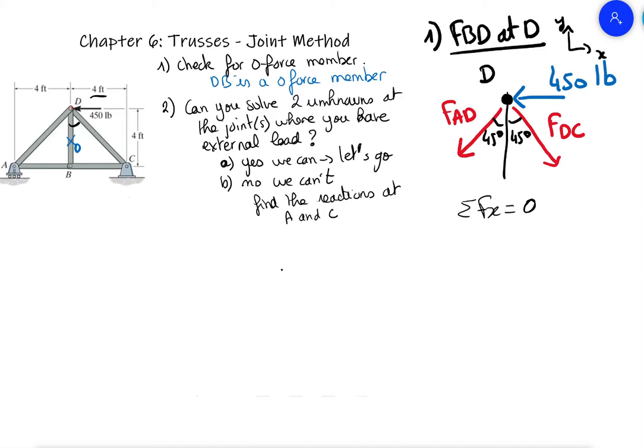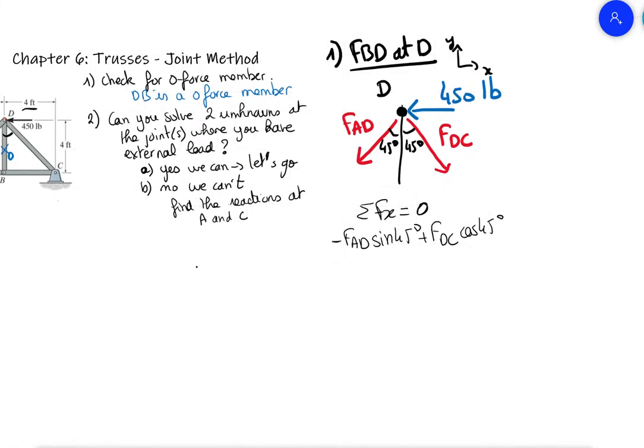Force on X, we have minus FAD sine 45 plus FDC cosine 45 minus 450 is equal to 0.